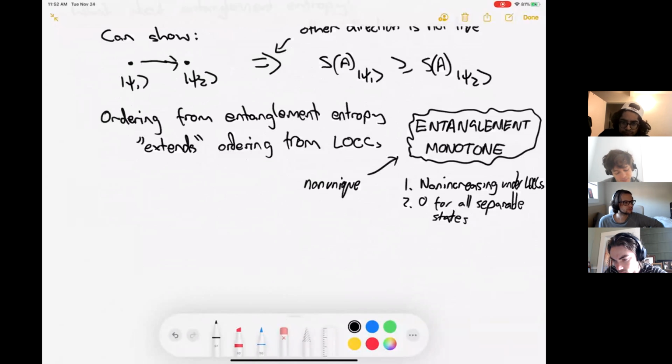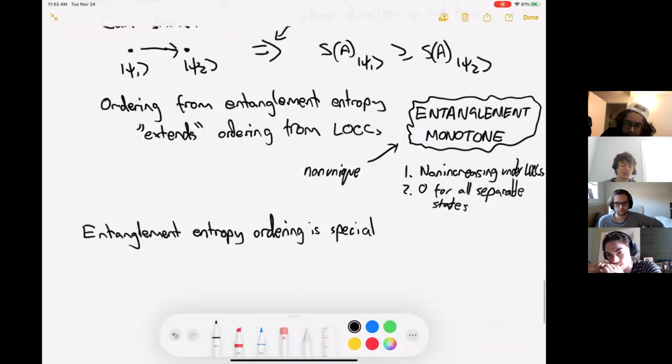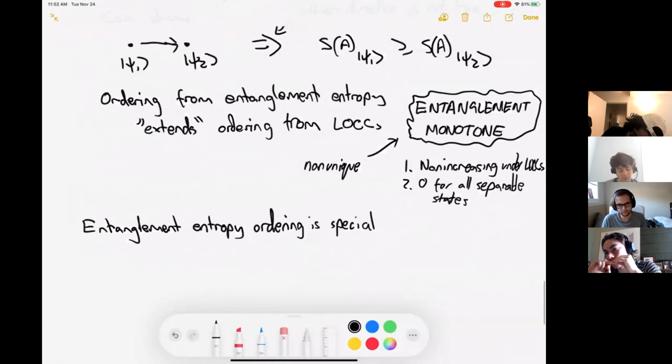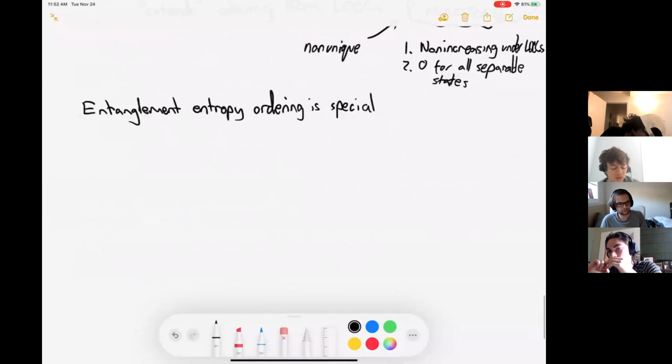In this case, it turns out that the entanglement entropy ordering is special, for the following reason. Let's say instead of wondering whether we can get just from psi1 to psi2 using LOCC operations, we ask whether we can get from n copies of psi1 to n copies of psi2.